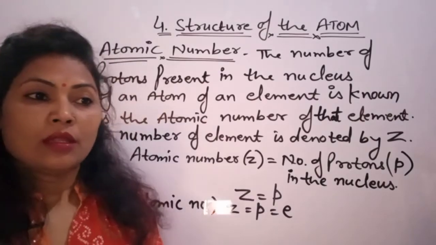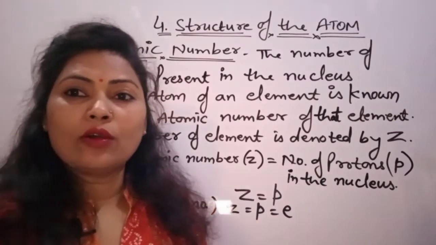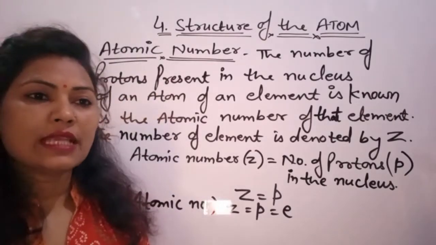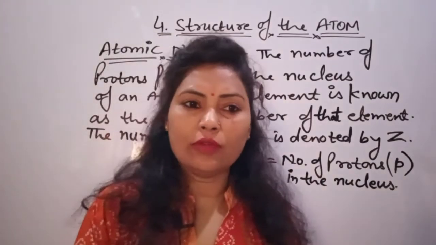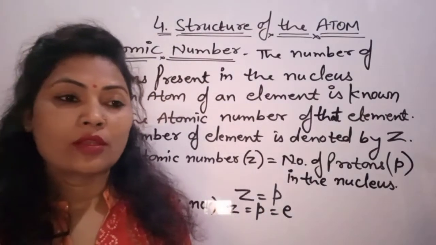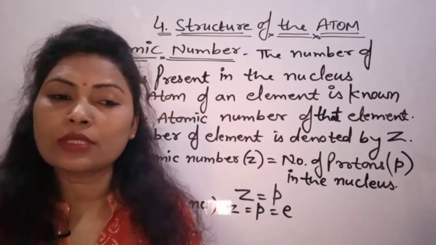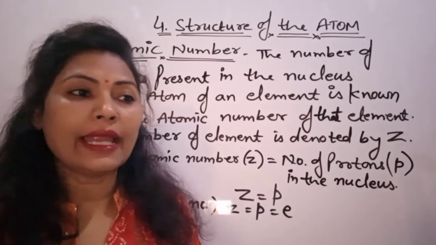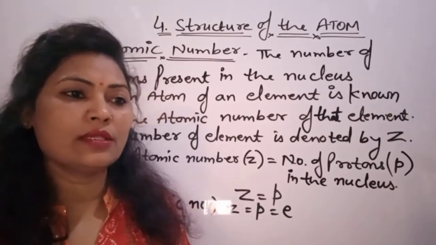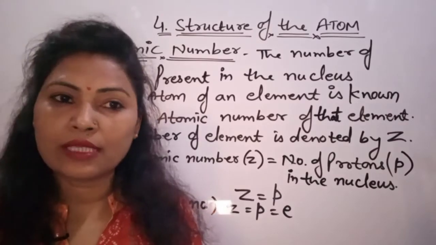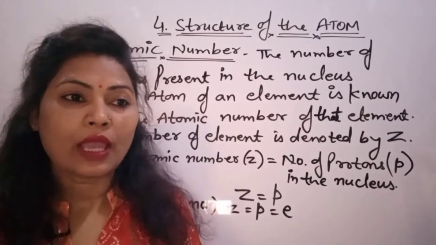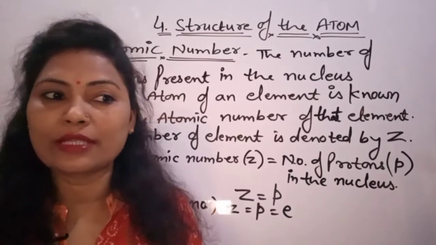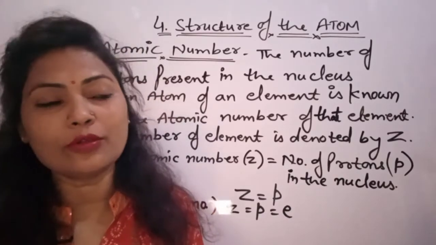Third characteristic: all the atoms of the same element have the same number of protons in their nuclei. So if the same number of protons are present in the nuclei, then the atoms of the same element have the same atomic number. However, atoms of different elements have different atomic numbers because their nuclei have different numbers of protons.